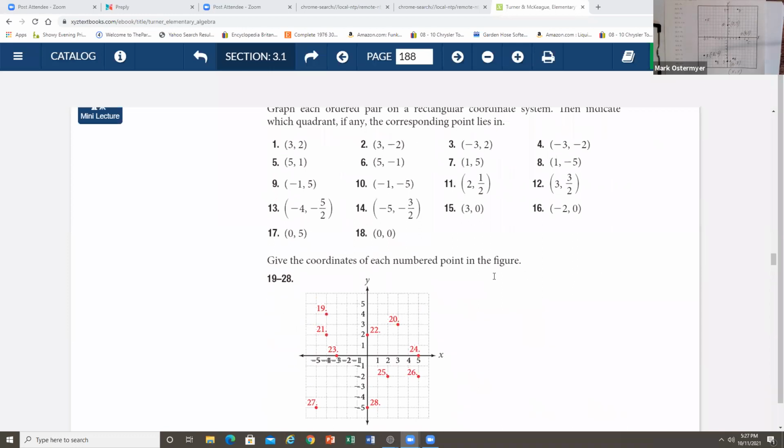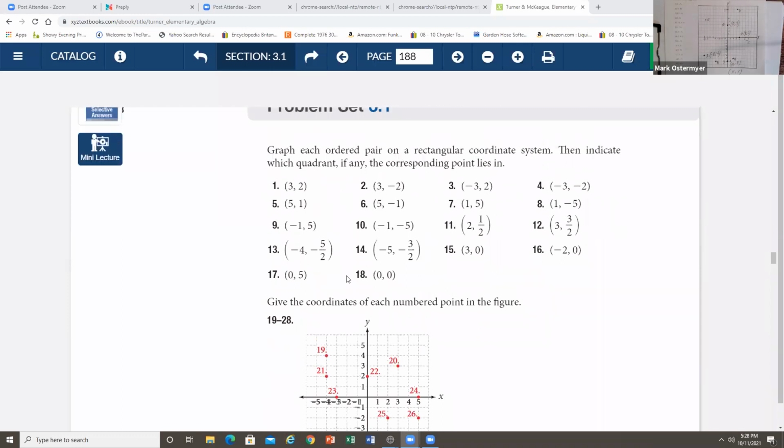Okay. So plotting points in the XY plane. All right, let's see if you can plot some points here. How about points 1 through 8? See if you can make yourself an XY plane on a piece of paper and see if you can plot these points, problems 1 through 8.